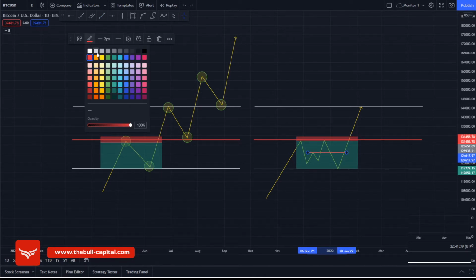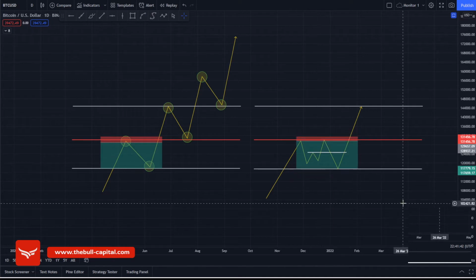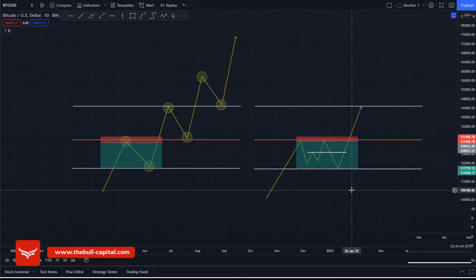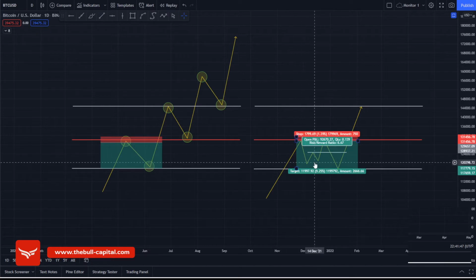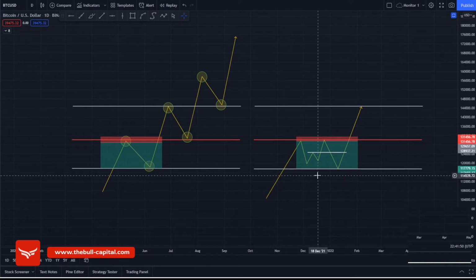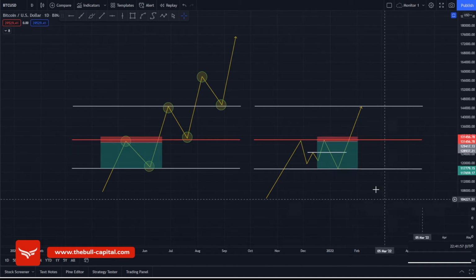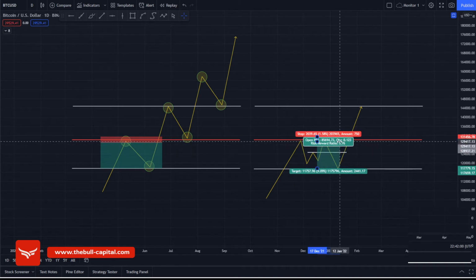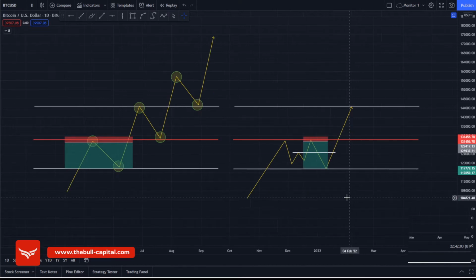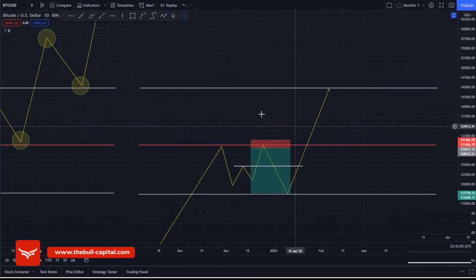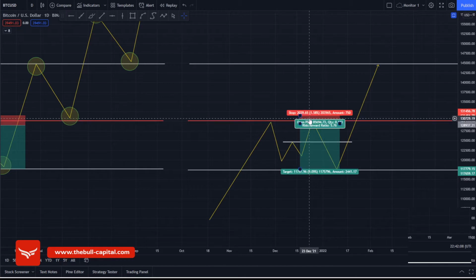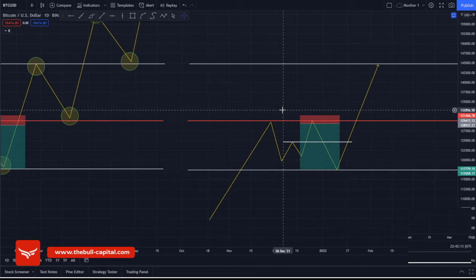Let me change the color. Actually, sorry, I made a little bit of a mistake, I drew something wrong. Let's take this one. So your entry is here, your stop loss is just above the resistance, and the price is going lower.